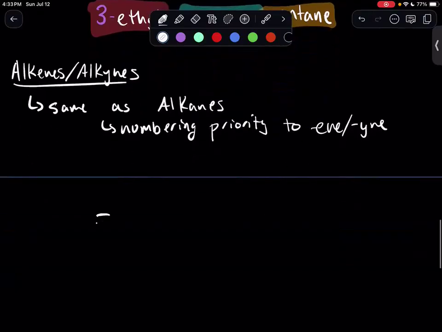I'm going to be using skeletal formulas now, as I prefer them because they're faster to draw. In this case, we need our parent chain to include that double bond, and that is the longest continuous chain we can have.